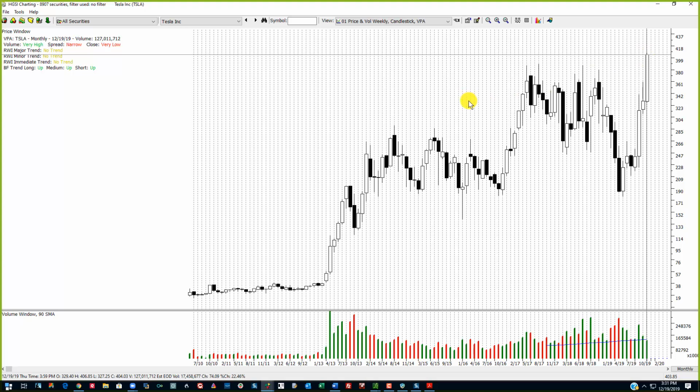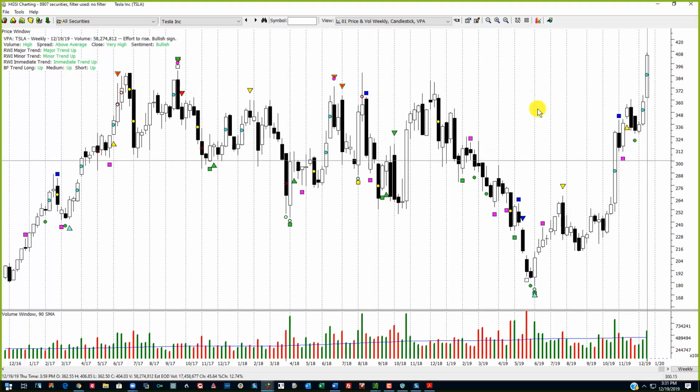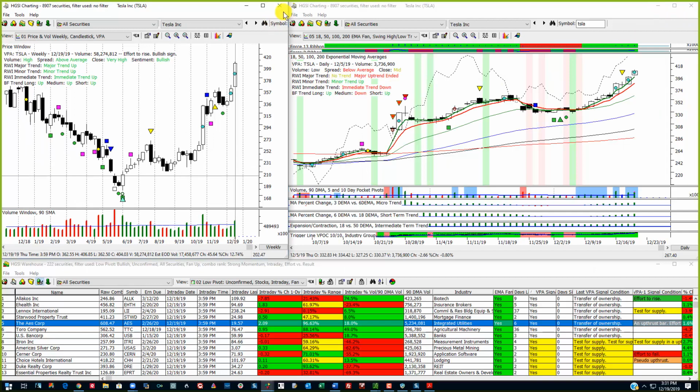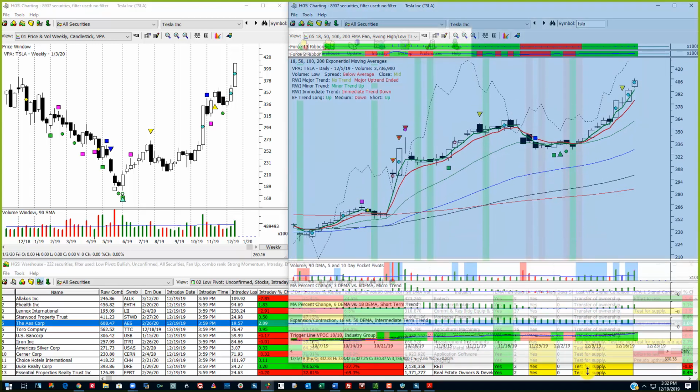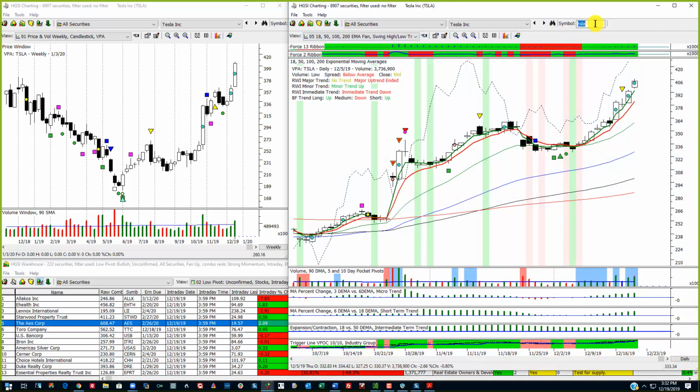And who would have thought that not that long ago, but the shorts, if they're still in this stock, they've been creamed. I kind of got sidetracked there, but you can see all of these pivots for Tesla worked. Let's see. How about Apple?